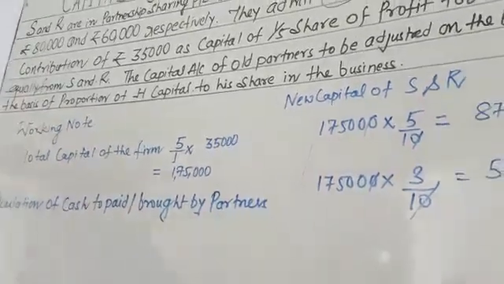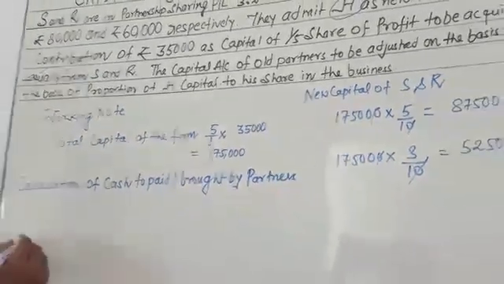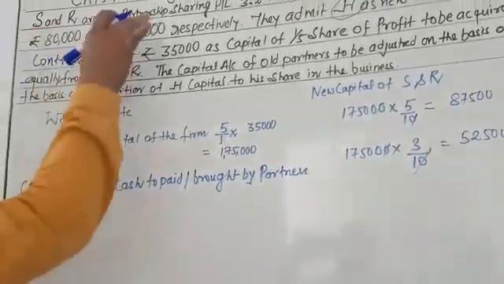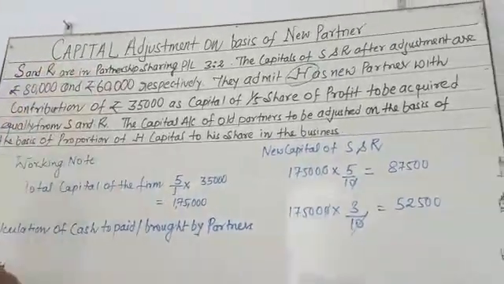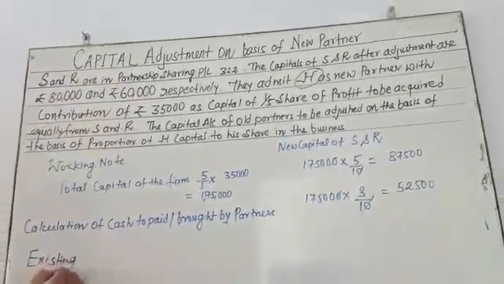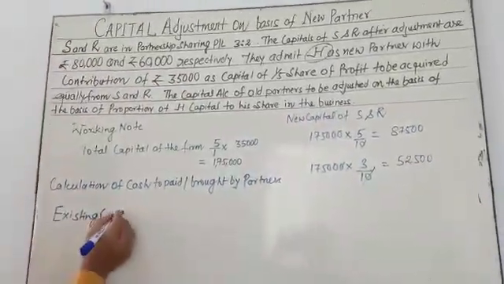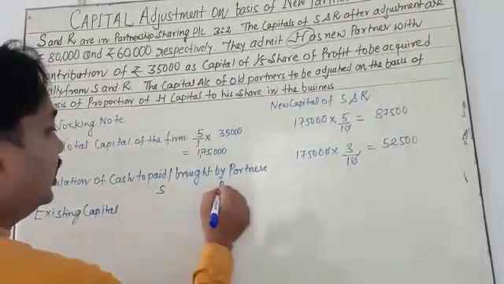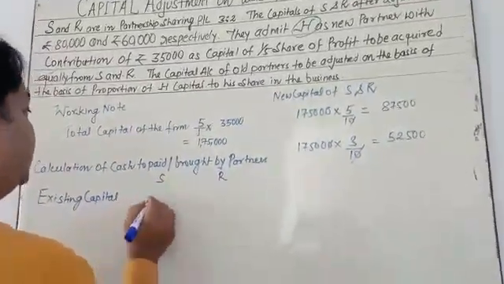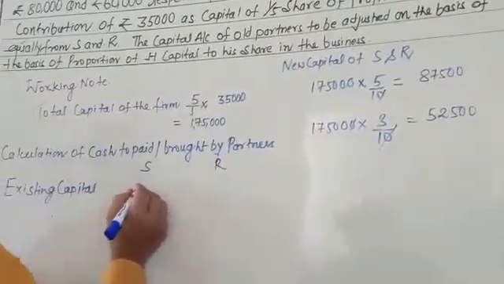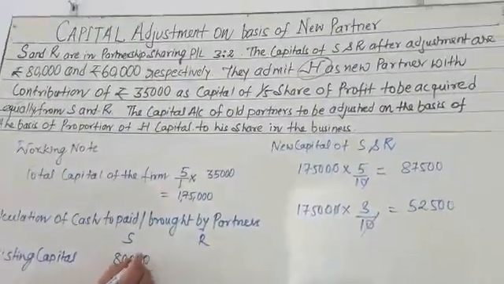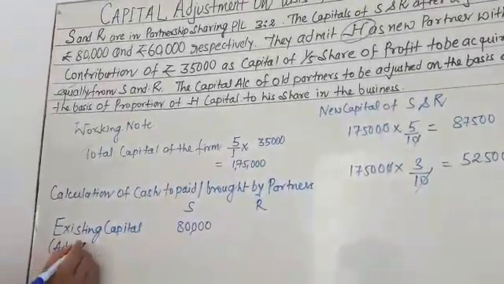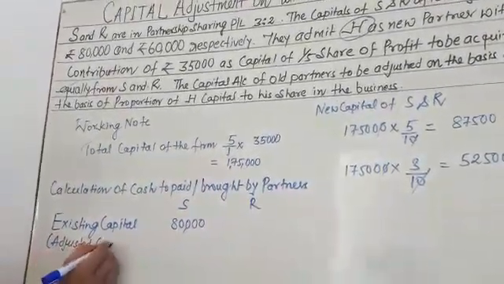In this situation, you have to write the existing capital, means whatever the capital, that is called adjusted capital. Existing capital of S is how much? 80,000, which is called adjusted capital. It is also mentioned in the question.